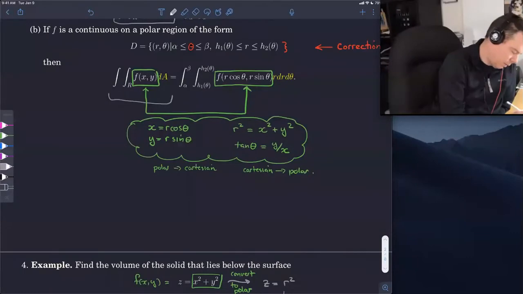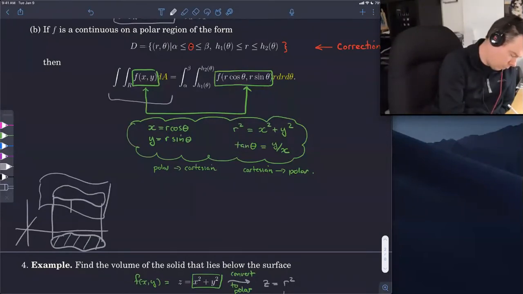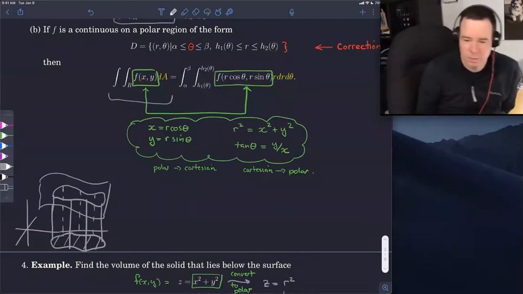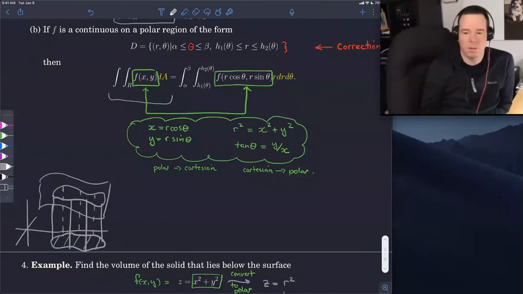So we've got some surface sitting in our space, and we've got some domain down below that we are integrating over, and so that's up to the surface here. This integral is representing the volume of this object, everything that's above that domain in the XY plane and sitting below the surface.